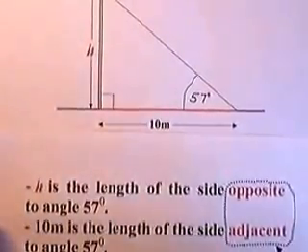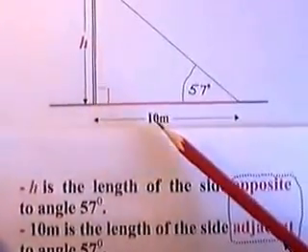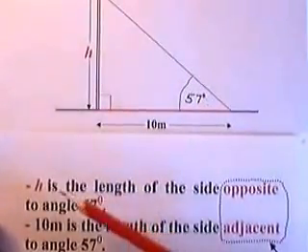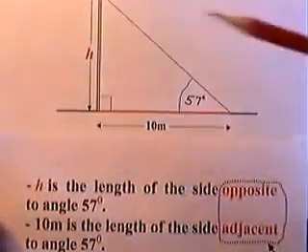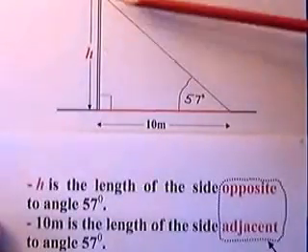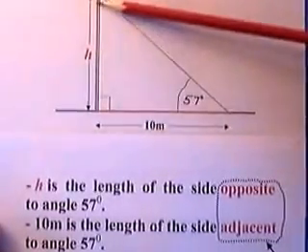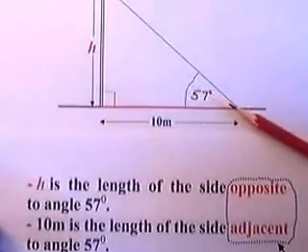What we can do is to write down what the h and the 10 meters mean. h is the length of the side which is opposite to the angle 57 degrees. As you can see, this height of the flagpole is indeed opposite to the angle 57 degrees.